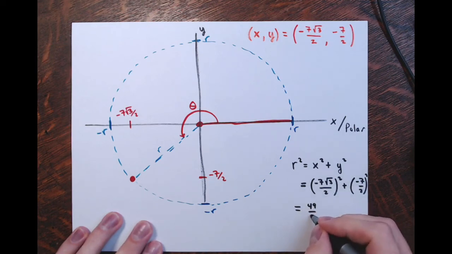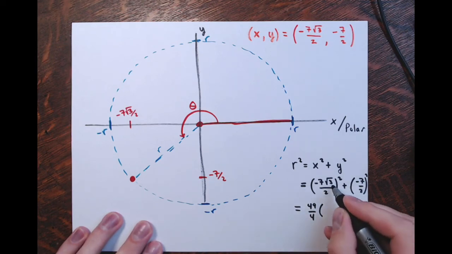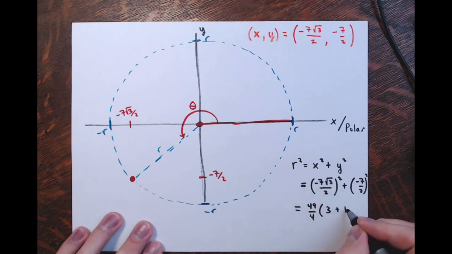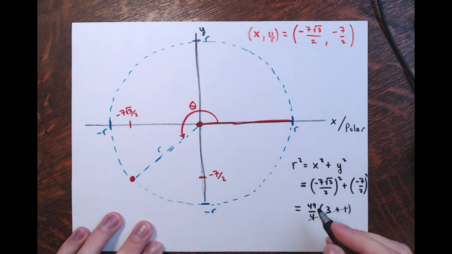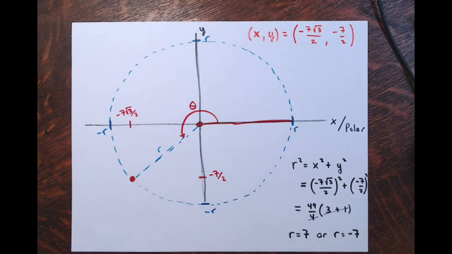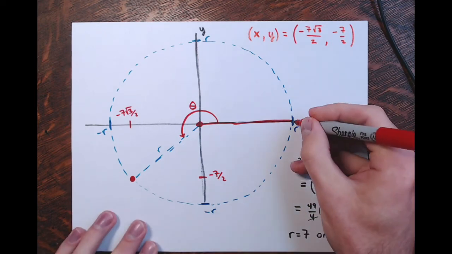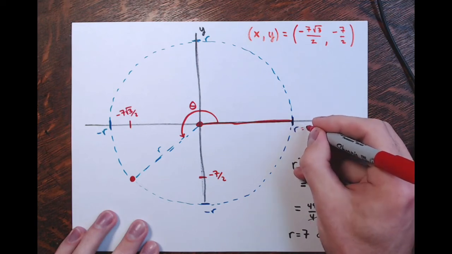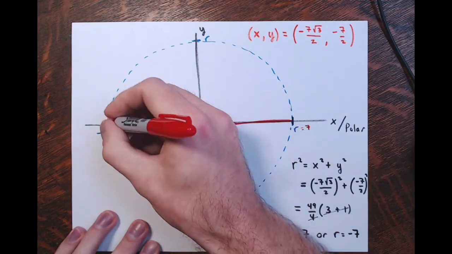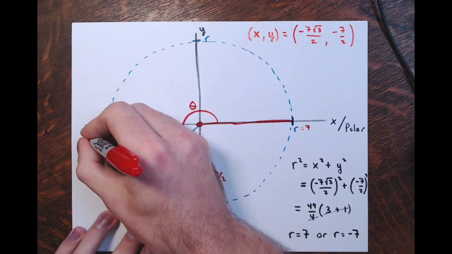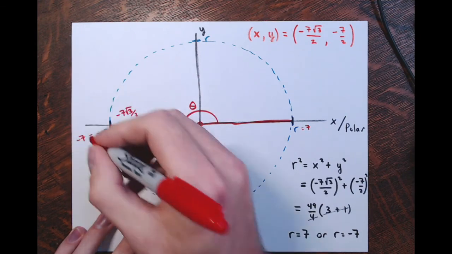So I have 49 fourths I can factor out. And then there'll be 3 left over here, plus 1 left over there. And then the 4's will cancel. 3 plus 1 is 4. So I'm getting 49. r squared is 49. And so r can be 7, or r can be negative 7. So on the polar axis here, this value is r equals positive 7. This value over here is negative 7 on the polar axis.